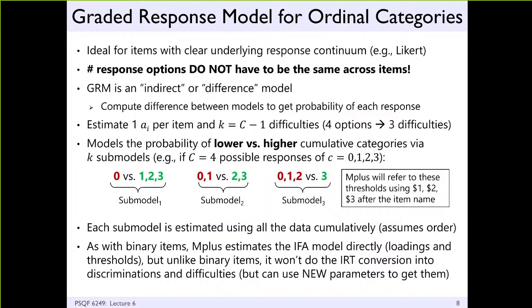So the difficulty from the first submodel, b1, is the latent trait needed for a 50% probability of answering in the green. The green is the 1. b2 is the latent trait needed for a 50% probability of answering in the green, which is a score of 2 or 3. And b3 is the trait needed for a 50% probability of answering in the green, which is just a 3.